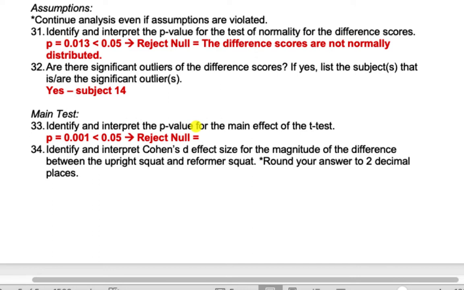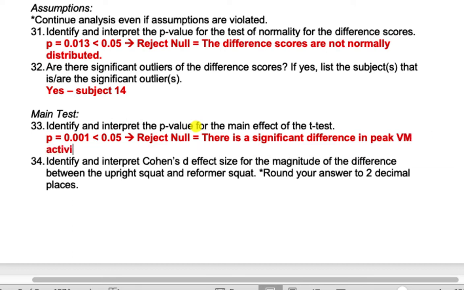So if we're rejecting that null hypothesis, we are then arguing that there is a significant difference in peak vastus medialis activity between standing or upright and reformer conditions.